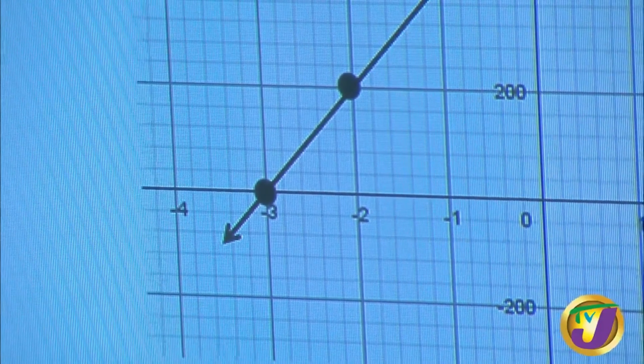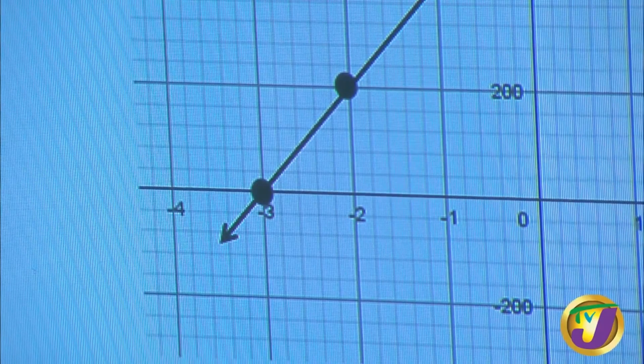So this line can be infinite at both ends. You can either use too much or produce a lot.